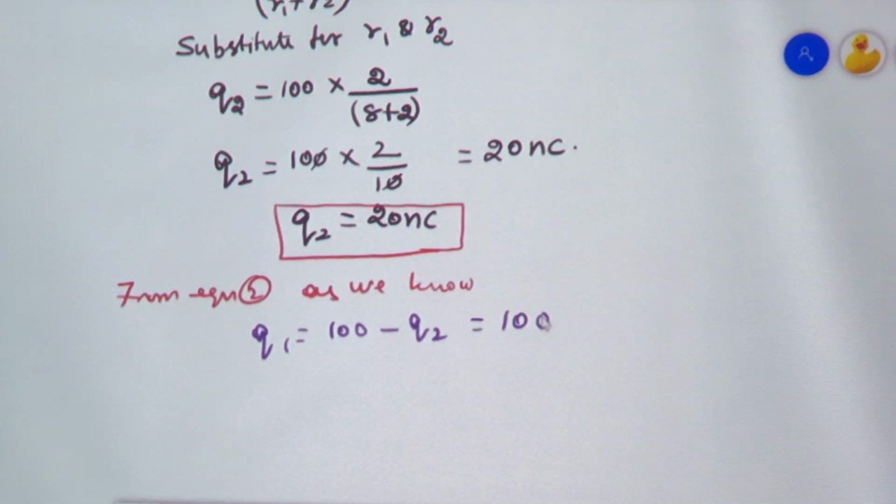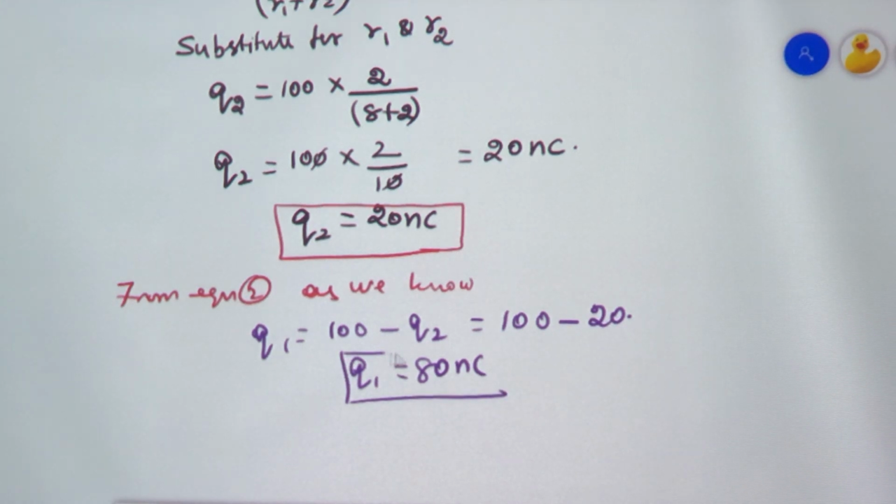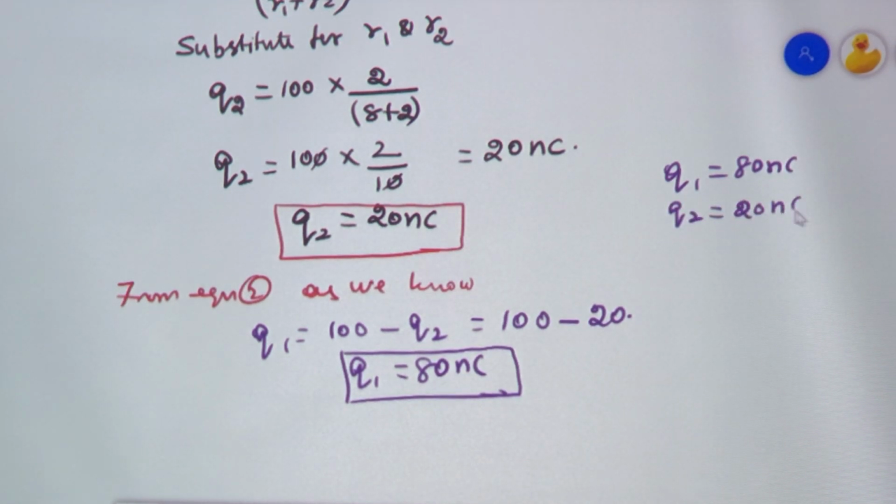I can get it as 100 minus 20. So Q1 is equal to 80 nanocoulomb. So we have calculated Q1 and we have calculated Q2. Q1 is equal to 80 nanocoulomb and Q2 is equal to 20 nanocoulomb. This was the answer that you got by simplifying.